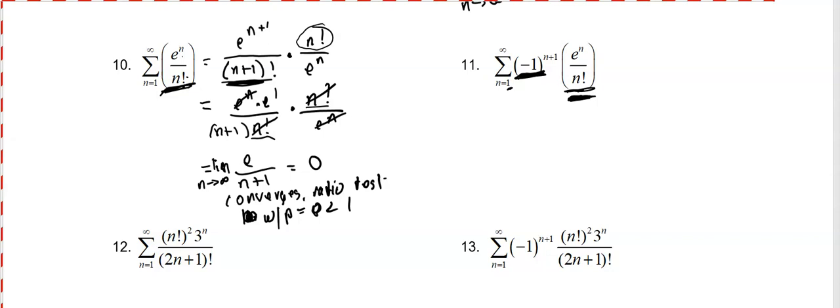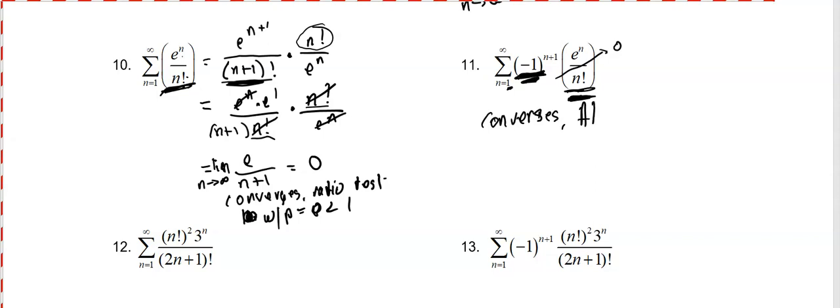So if I start plugging in 1, 2, 3, 4, 5, this is definitely going to be positive. The only thing that has to happen if it's alternating, it's a little easier conclusion to make, is that this has to decrease towards 0. And it does. Factorial is in your denominator. That's going to outgrow the exponential function in your numerator. So with this one, we could have concluded this one converges right away.